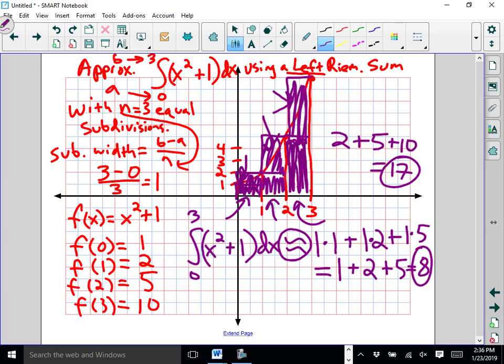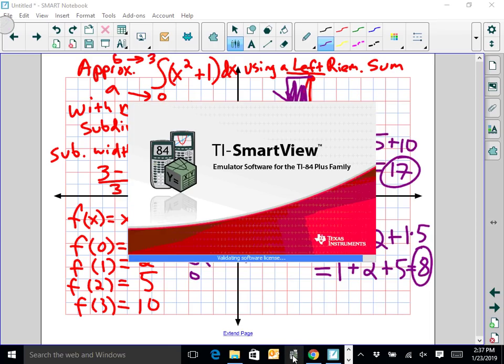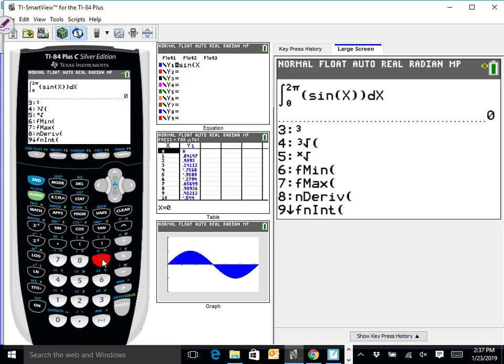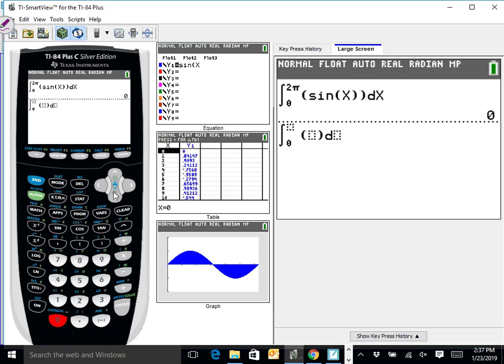In fact, we can just calculate it. Let me just look it up on my calculator to see what we get. Hopefully this loads quickly. So I'm going to figure out what the actual answer is, and it should be between the numbers 8 and 17. So I'm going to let my calculator do the work here. Eventually we'll be able to calculate this very easily. Okay? I'm just going to hit Math 9 to do an integral. I'm going to do the integral from 0 to 3 of the function x squared plus 1 dx.